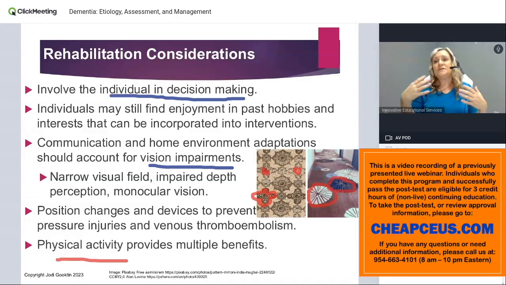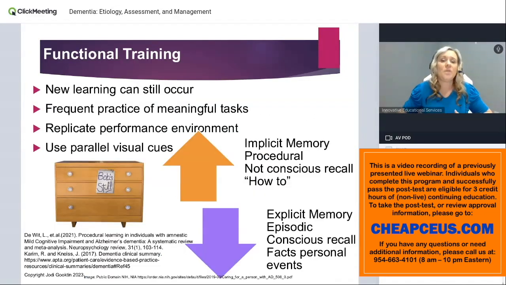And also just think of in their general interaction in their environment, they may be trying to reach for that light switch, but it's too far away. So they're trying to turn it on and off, but they haven't even gotten to it yet. So you're going to look at incorporating that and seeing if maybe that's some of the challenges that that individual is presenting with. And all of this comes down to improving the functional training for the individual.